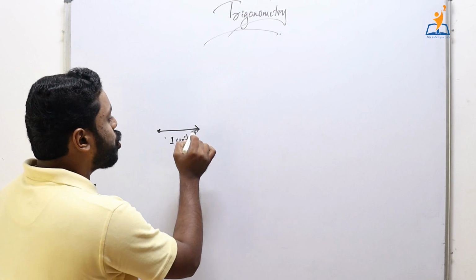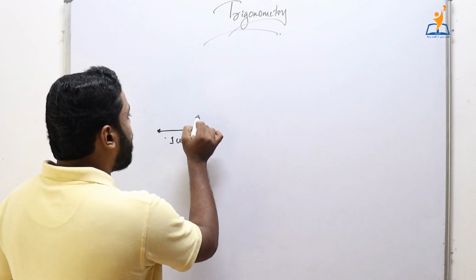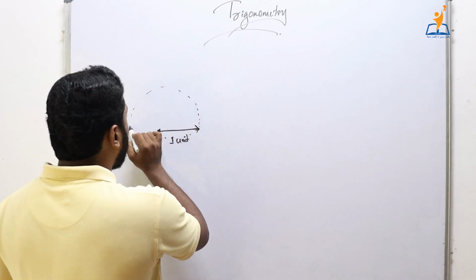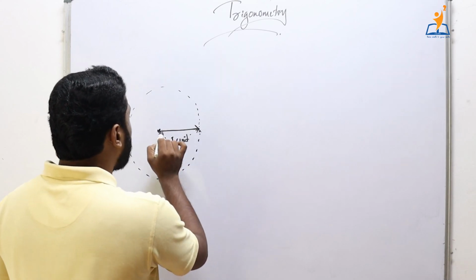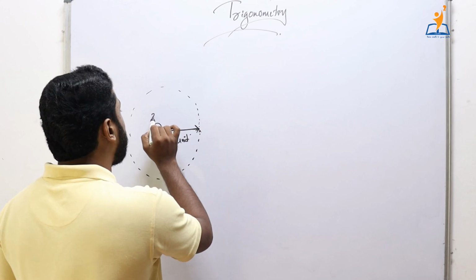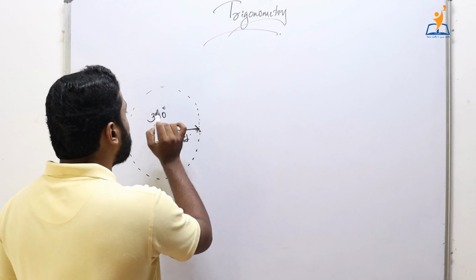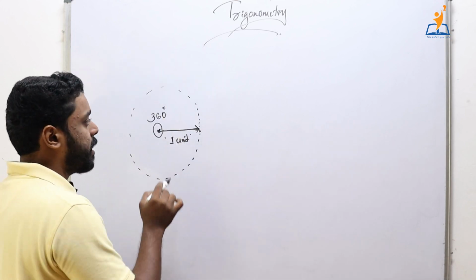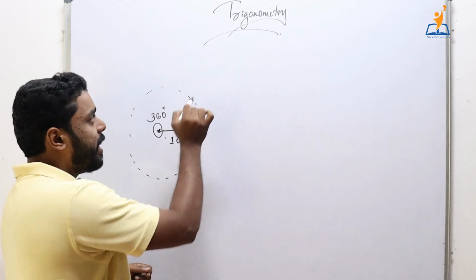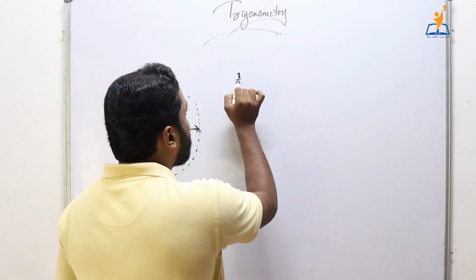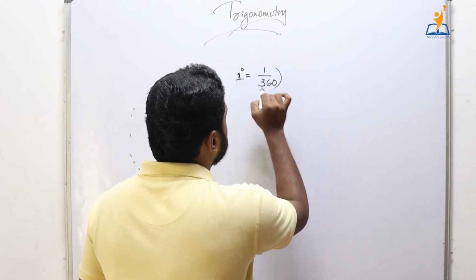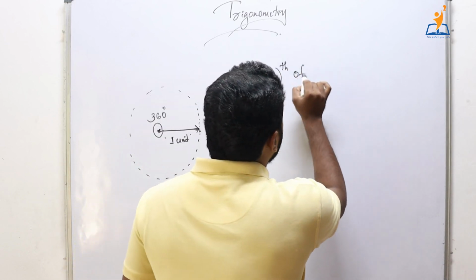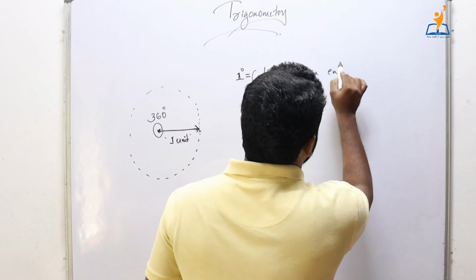Now I told you that when I rotate the entire ray in one complete revolution and it reaches back to this position, the angle formed at the center will be nothing but 360 degrees. You know that, because we know that 1 degree is nothing but 1 by 360th of an entire revolution, right?